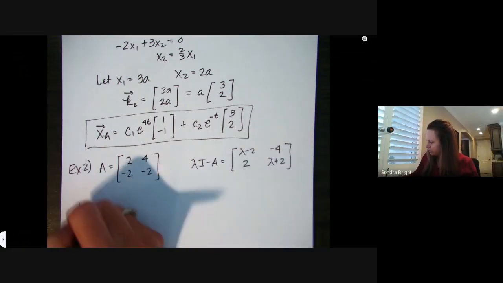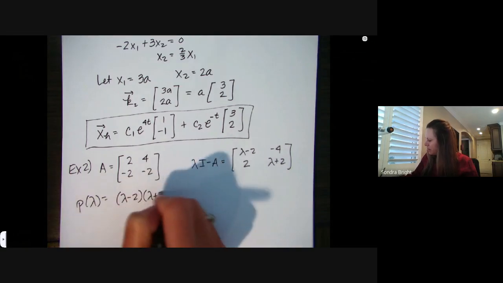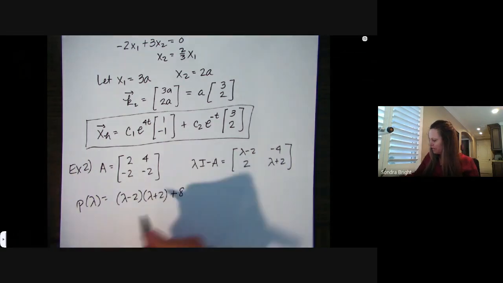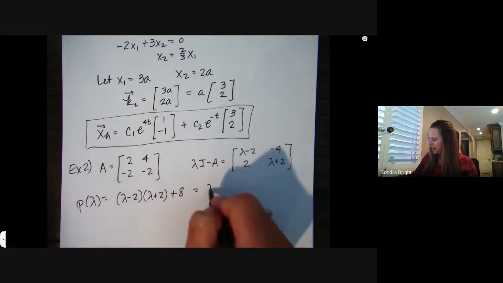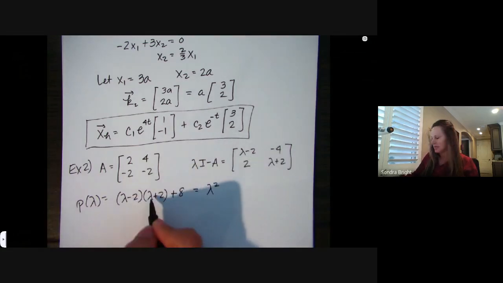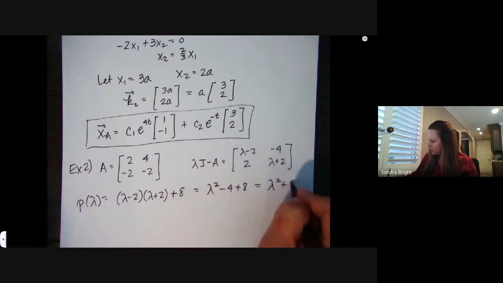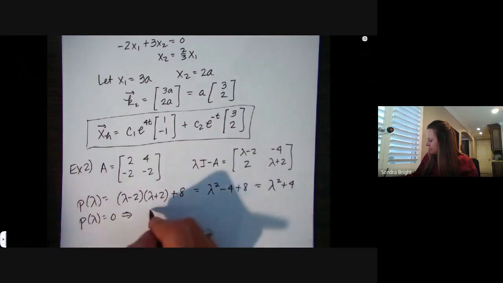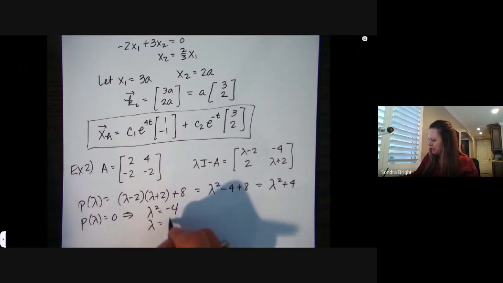Your characteristic polynomial would be lambda minus 2 times lambda plus 2 minus negative 8, so a plus 8. Well, this is lambda squared. The inners will cancel out, right? So a minus 4 and then a plus 8, which will give you lambda squared plus 4. Setting that equal to 0 will give you that lambda squared is equal to negative 4, which means lambda is equal to plus or minus 2i.